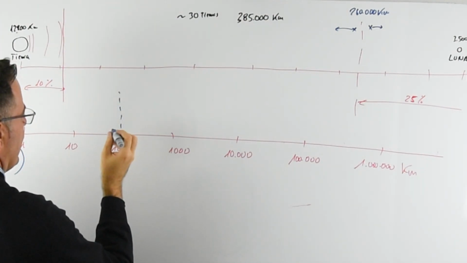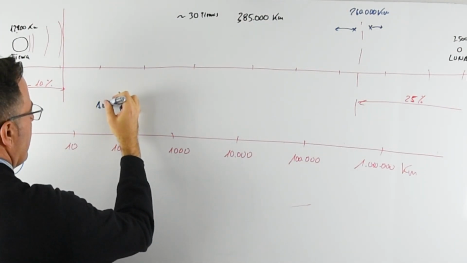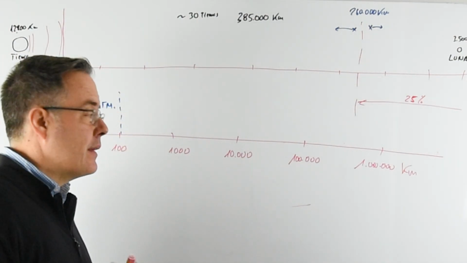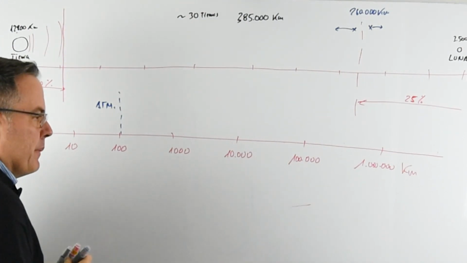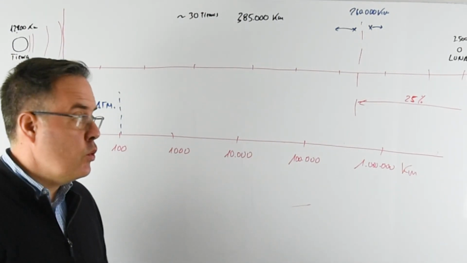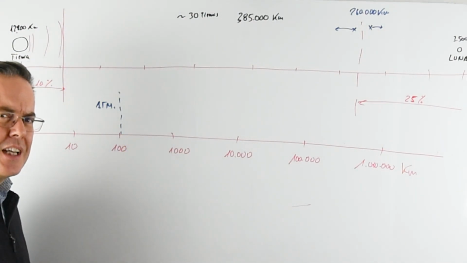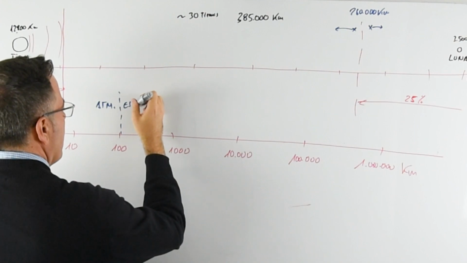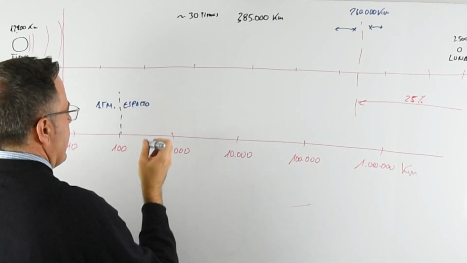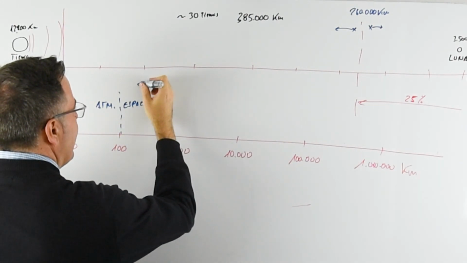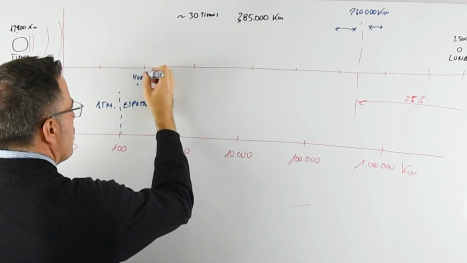In the first 100 kilometers is atmosphere. Of course, it's not even. The atmosphere height changes from one point of the Earth to another, but let's say that more than 100 kilometers is for sure outer space.